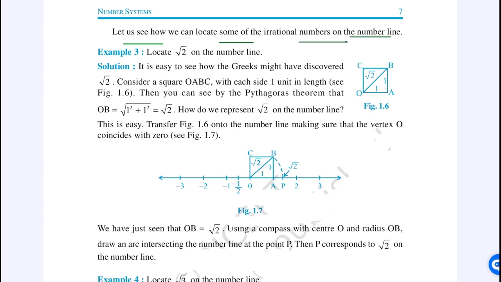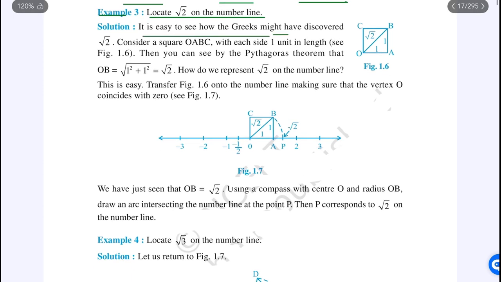So here we are given example 3. Locate root 2 on the number line. It is easy to see how the Greeks might have discovered root 2. Consider a square OABC with each side of unit length. This is 1, this is 1, this is 1. As you know, it is a property of a square that each side is equal.